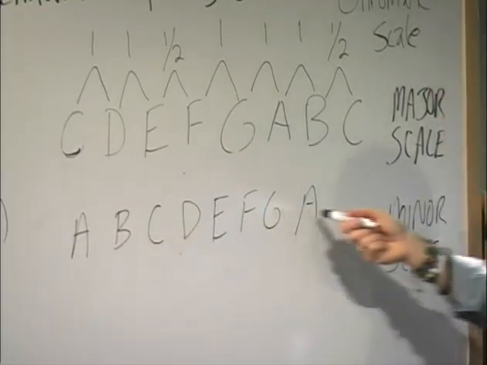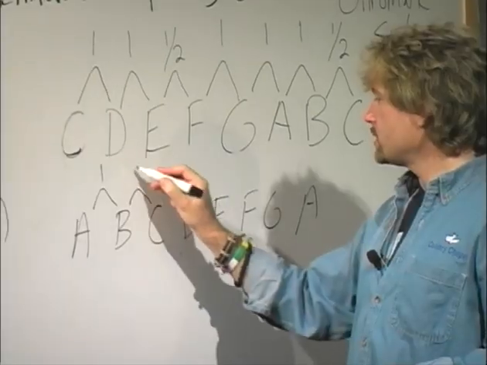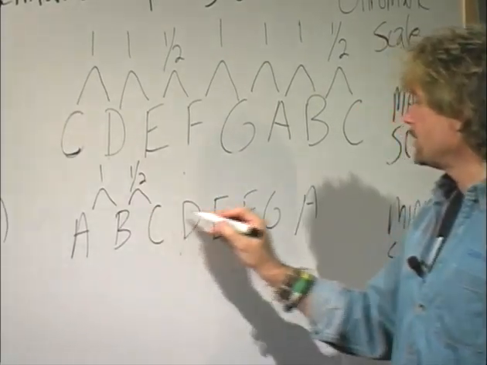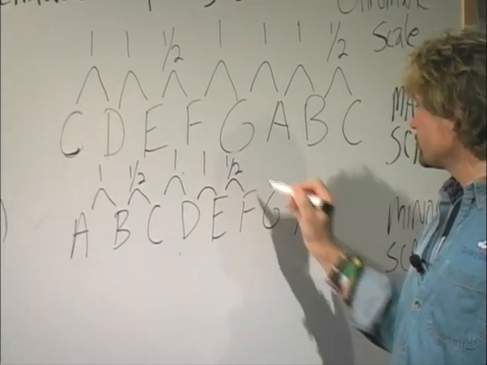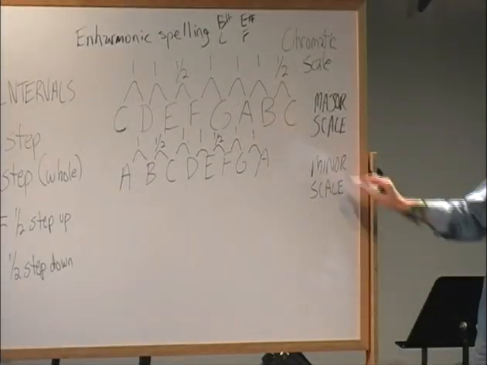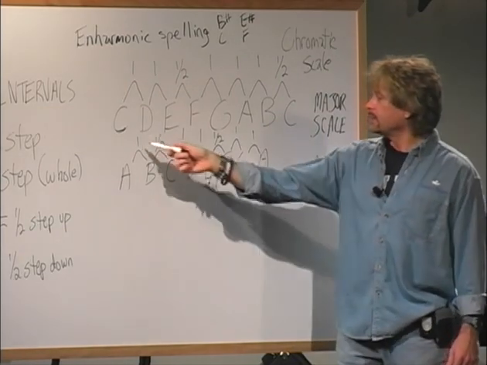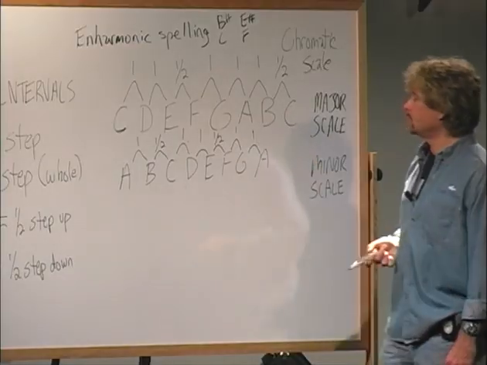So now let's look at what these intervals are. This is a whole. This, we know already, is a half. This is a whole. This is a whole. This is a half. This is a whole. This is a whole. So now we have the intervals for the minor scale. Well, what is it? It's whole, half, whole, whole, half, whole, whole.